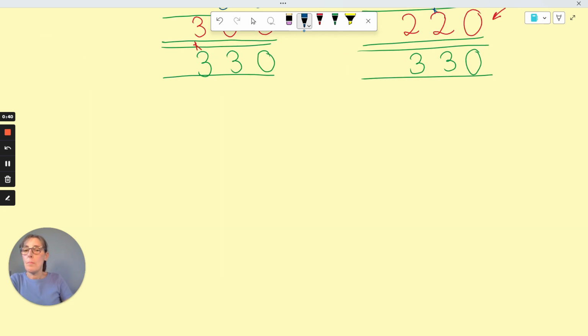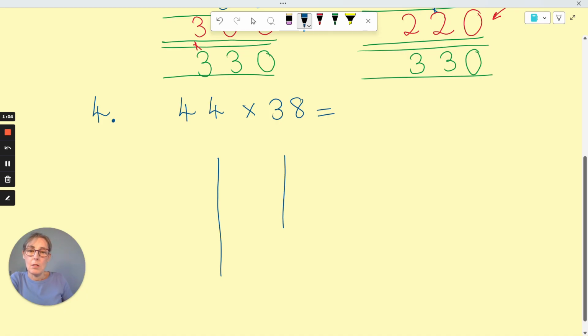So let's go for blue and let's do number 4. Okay. I'm going to do this using grid method. All right, so let's think. I've done grid method for ages. I quite like grid method.